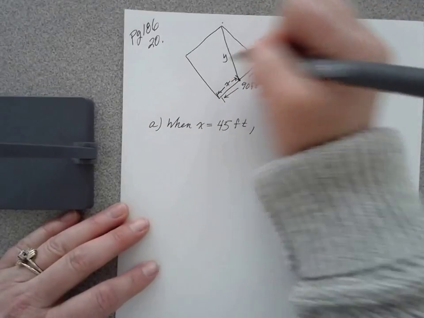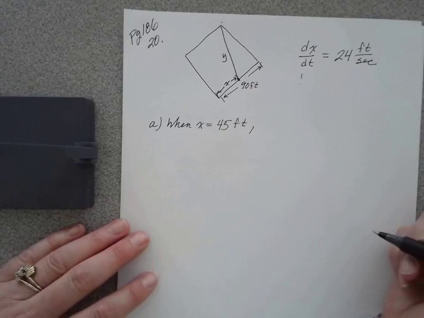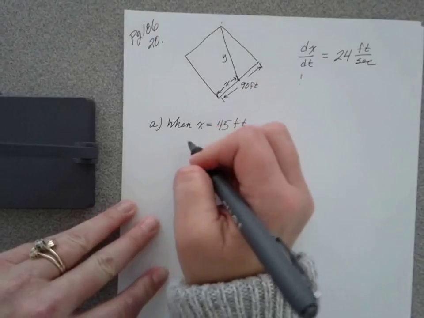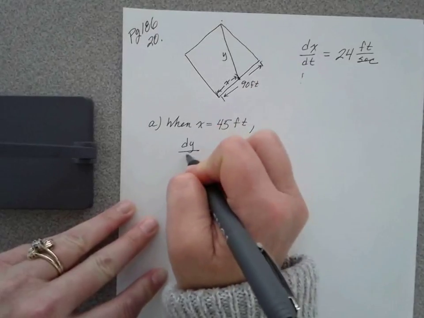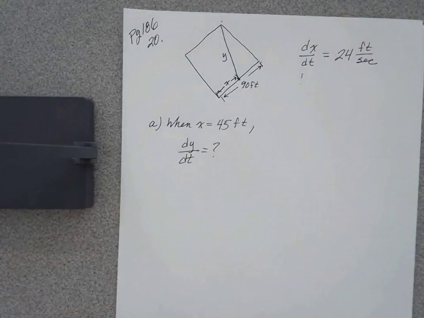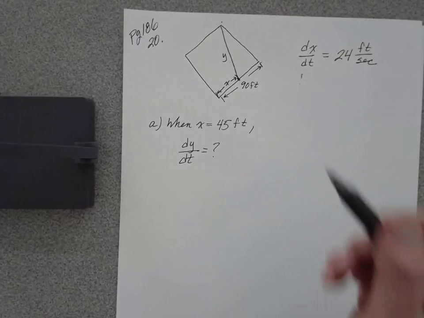So we'll call that y. So what we want to know is that rate, dy/dt. That's what we're looking for.